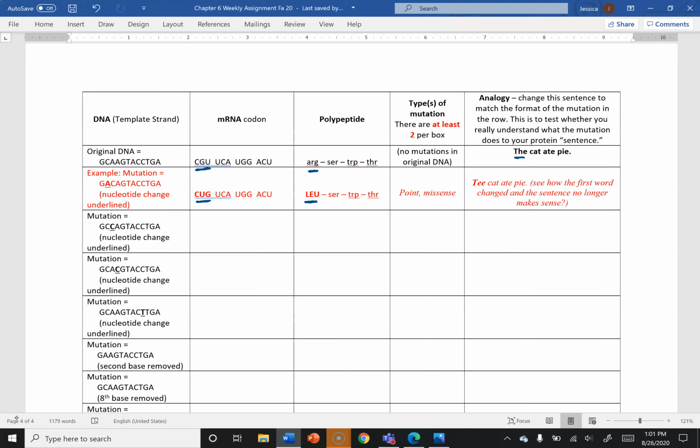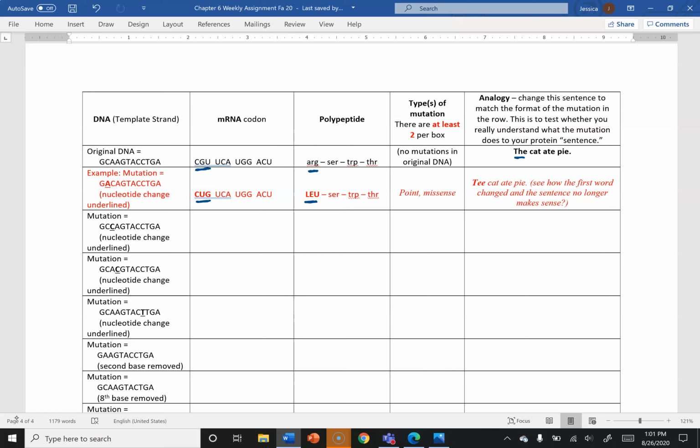I don't care if you actually make a word, because that's not the point. The point is that now this sentence doesn't make sense anymore. You have created a missense sentence by saying T cat ate pie instead of the cat ate pie. Do you see how we have ruined our protein sentence?